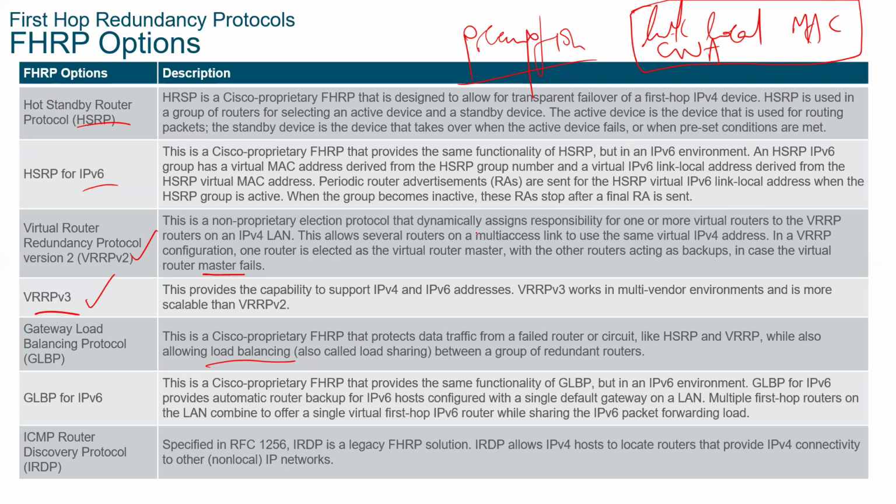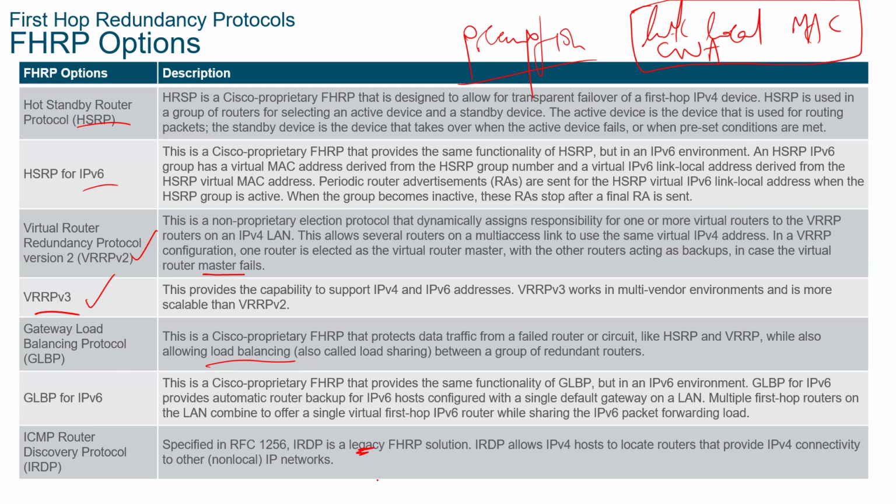All right, then we have Gateway Load Balancing for IPv6. That's an IPv6 equivalent. The last one is ICMP Router Discovery Protocol. It allows hosts to locate routers. So this one is not a redundancy protocol per se. This one is a discovery protocol. It is a legacy protocol, meaning it's no longer in use that much.